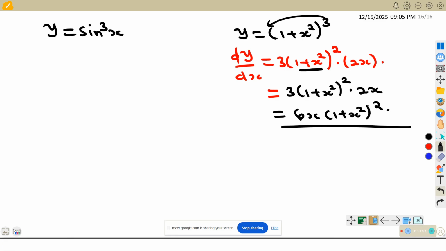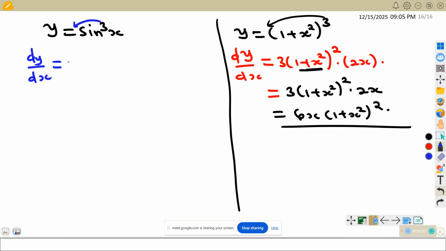Okay. So I want us to use the same technique here. If you have y equaling sine to power 3 of x, what will be dy/dx?